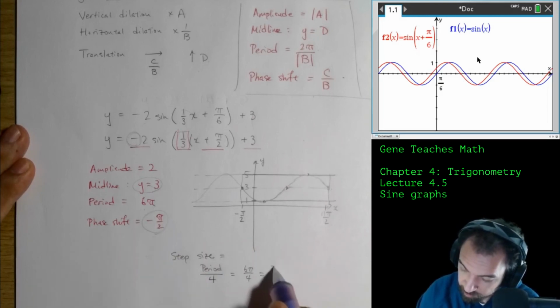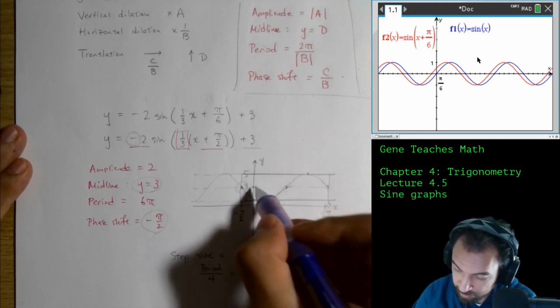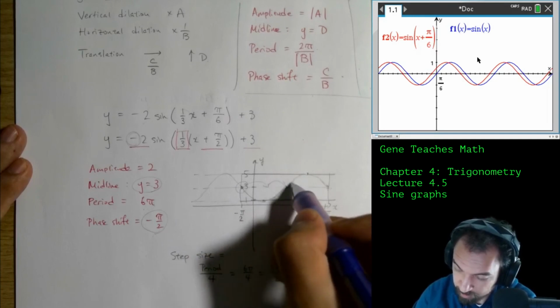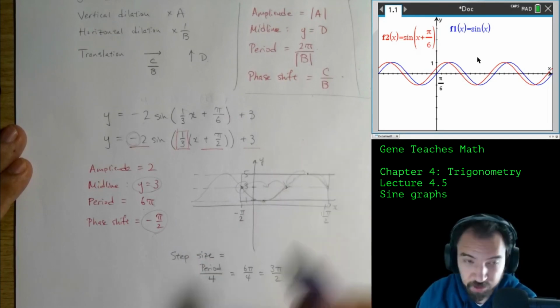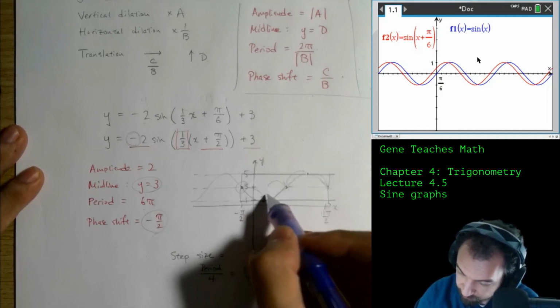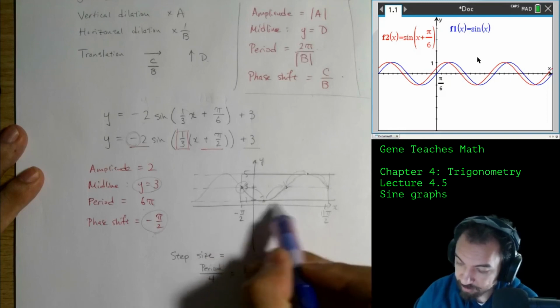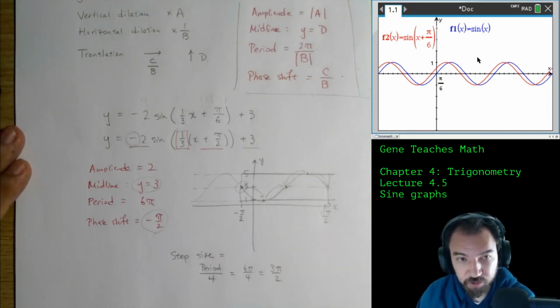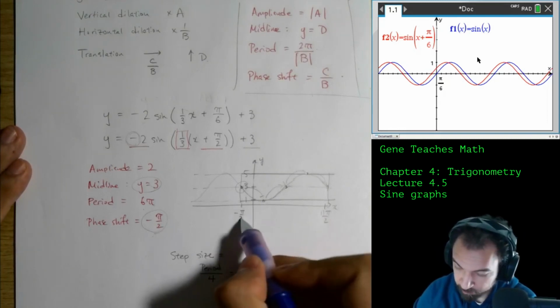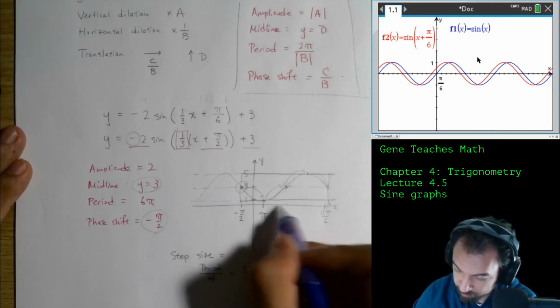3 pi over 2. So what we understand is from the beginning, every time I go to the next interesting point along my sine graph, perhaps I should draw the arrows such that I'm going down here, over here, I'm going to advance by 3 pi over 2 along the x-axis. So negative pi over 2 plus 3 pi over 2 will actually get me the point pi right here, which means my scale is off.